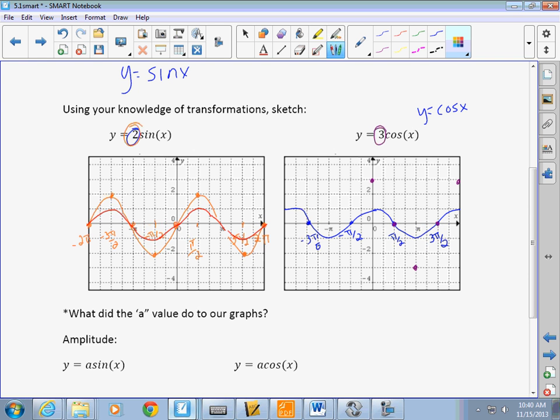Yeah, find your zeros first. So then if I went on the negative side, I'll be back at 0 here, starting at 3, 0, down to negative 3, when it's negative pi, back to 0, and then up to 3.